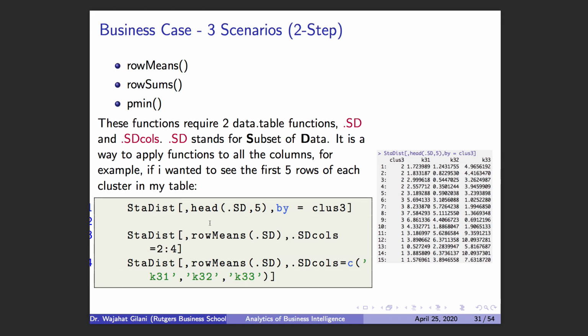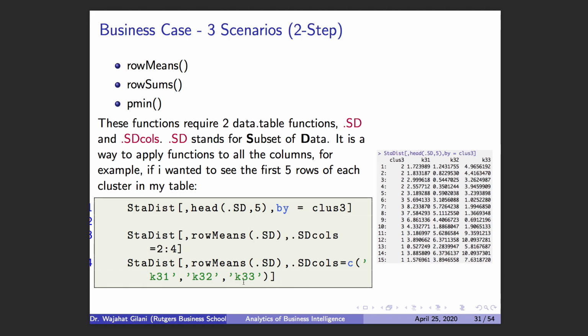In .SDcols, I can say, hey, for .SD, just give it the second, third, and fourth column. Or down here, I can explicitly give the name. I say, listen, do the mean for .SD, but just the K31 column, K32 column, K33 column. Again, I can give the position of the column, or I can explicitly give the name of the column.